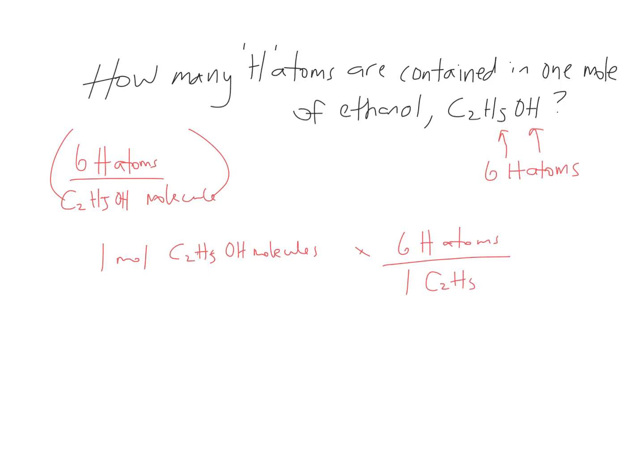We multiply by 6 because that's going to make molecules drop out, and it's going to give us our result in moles. So that's 6 moles of H atoms.